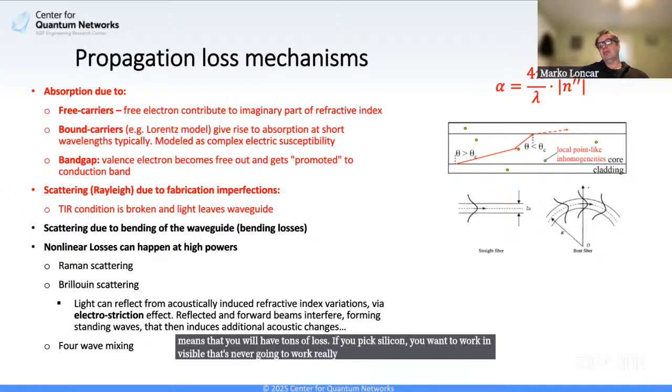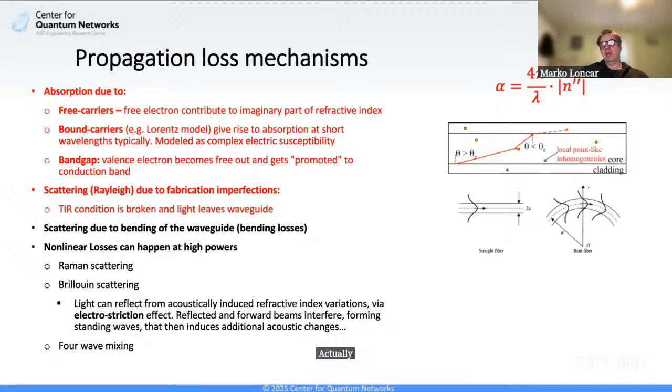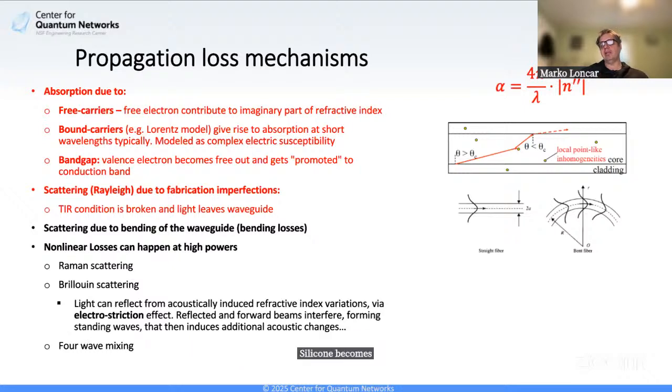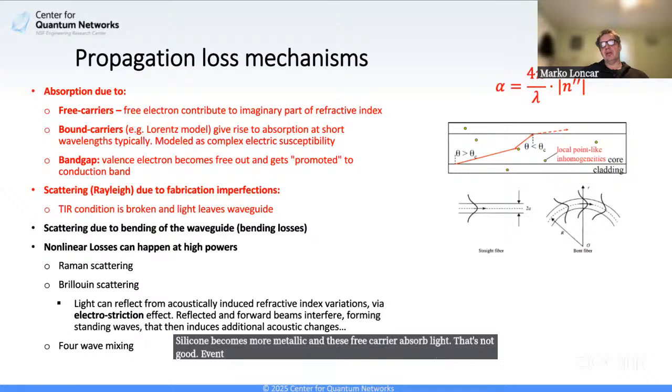But if you pick silicon and want to work at telecom wavelength, that should be good, because the bandgap of silicon is wider than the energy of a telecom photon, so light is not going to be absorbed. But if you dope silicon, you will have so-called free carrier absorption. Think of it as a plasma effect: silicon becomes more metallic and these free carriers absorb light. That's not good. Eventually, bound carriers can also give rise to absorption as well.